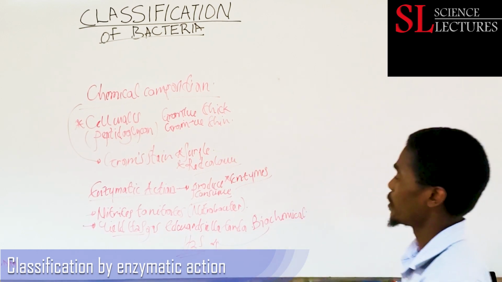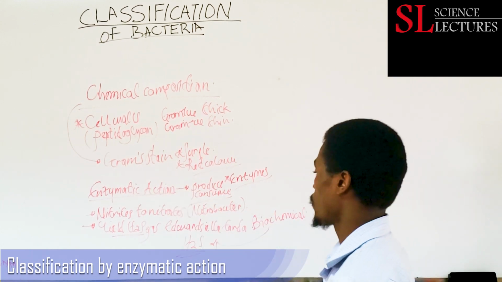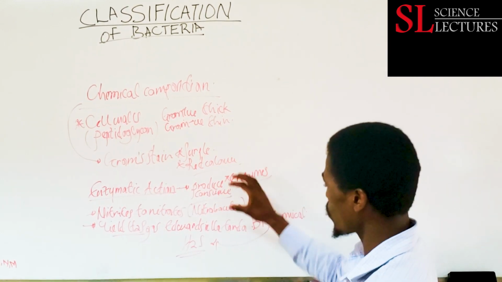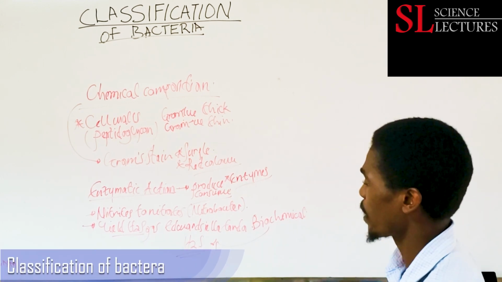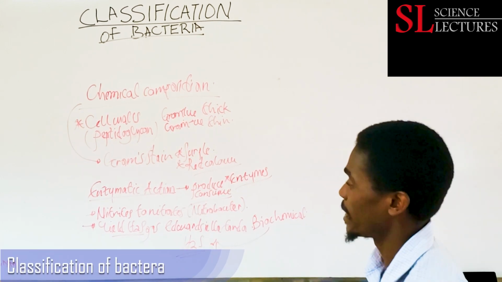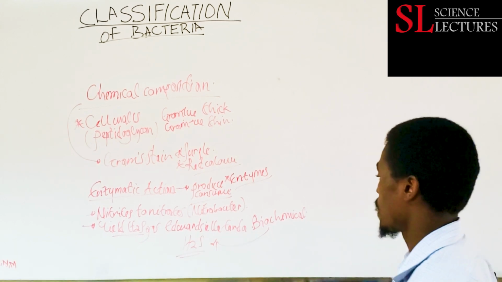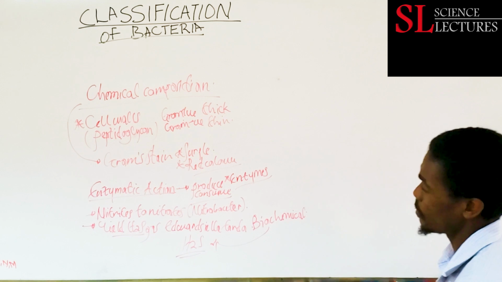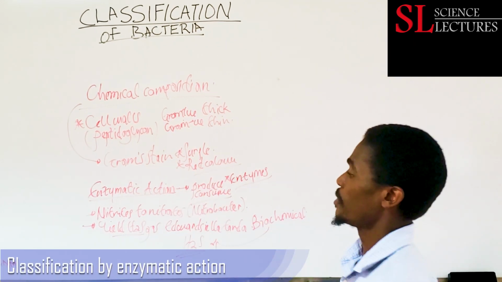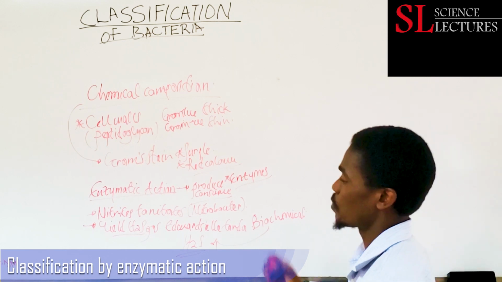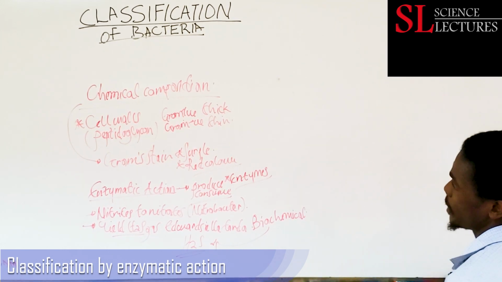So we'll test hydrogen sulfide coming out of this bacteria. So enzymatic action, what the bacteria are capable of breaking down and what they are capable of producing as products, can also be used in classifying different bacteria. Because we can have those that can produce hydrogen sulfide, we can have those that can convert one inorganic compound into another inorganic compound. So we can also classify bacteria in that way.